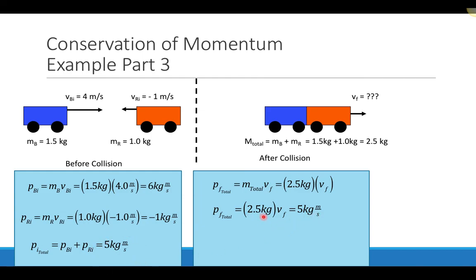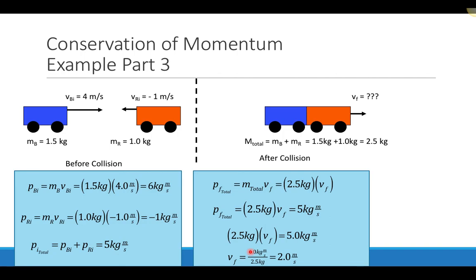So 2.5 times the final velocity has to equal the final momentum. If I divide both sides by 2.5, there's a typo here. This actually should say 5, not 6. So let's just cover that up. That's 5 divided by 2.5, and I get 2 meters per second.